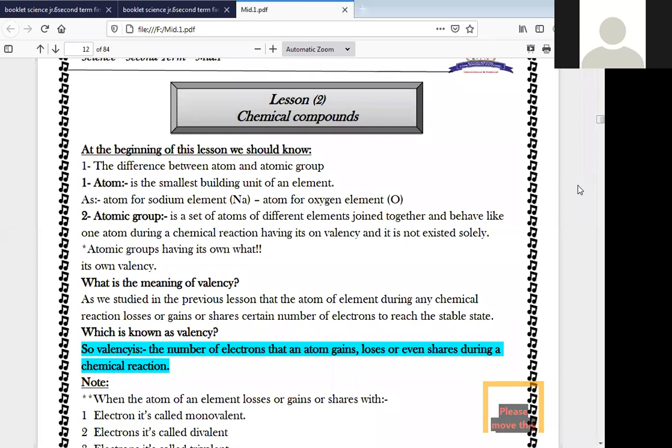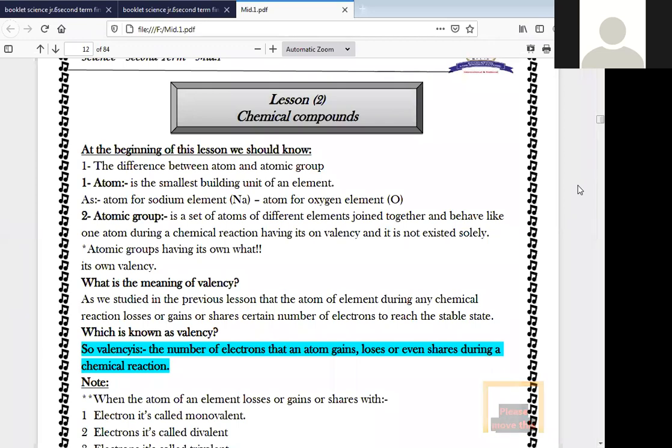It is a set of atoms of different elements joined together and behave like one atom during a chemical reaction, having its own valency and it does not exist alone.